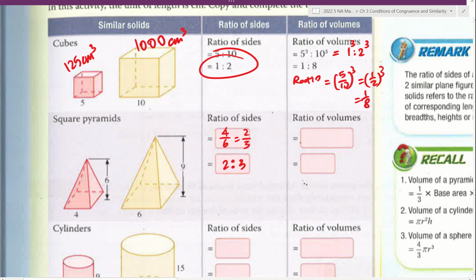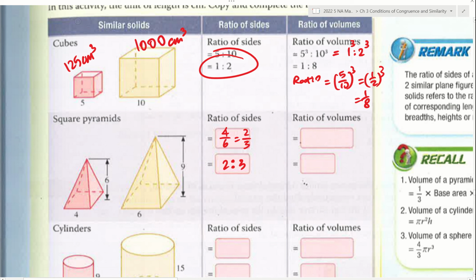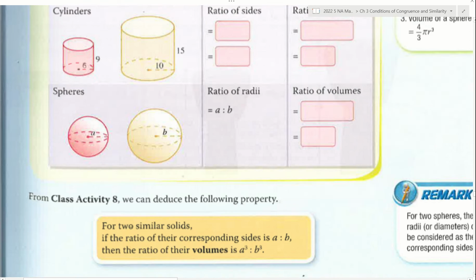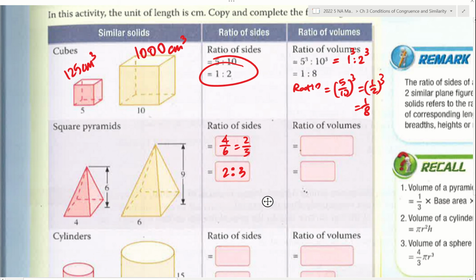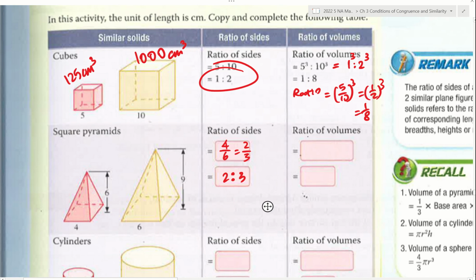So what then is the formula for volume of a pyramid? Do you remember? 1/3? Very good. So I'm going to put it down as a fraction. 1/3 base area.